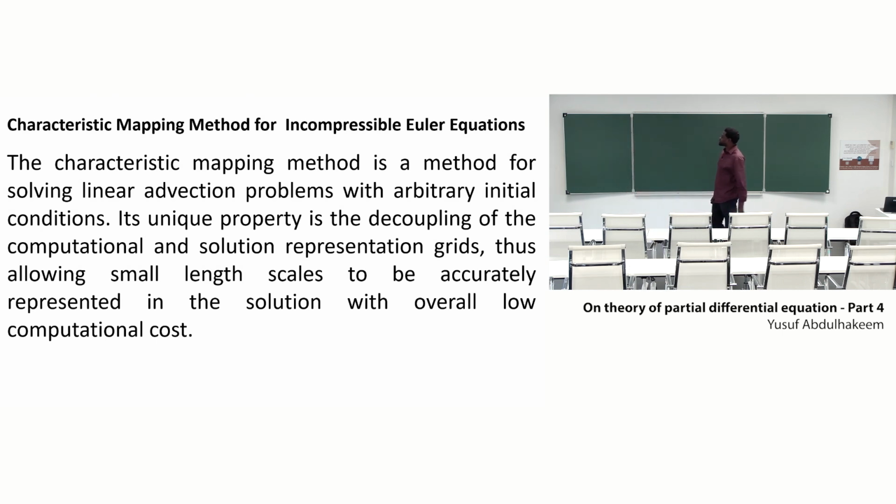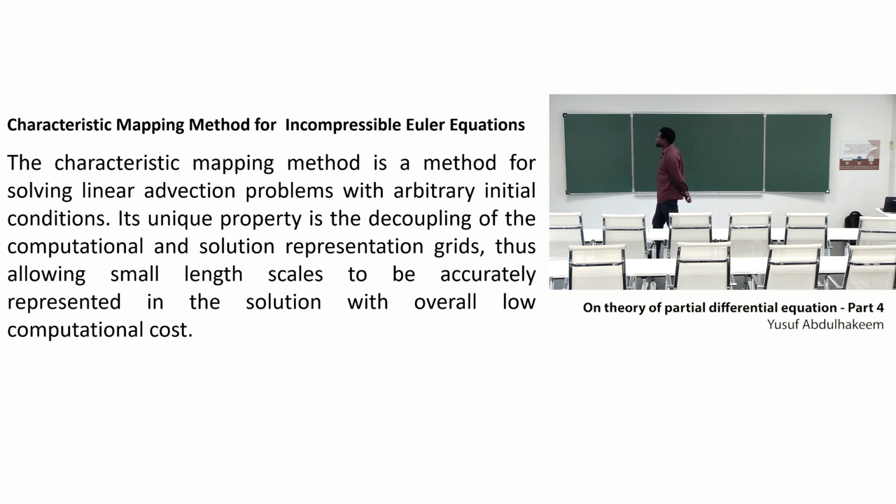As I said earlier, the characteristics mapping method is actually an advancement on the Chapter method that we have seen earlier in this course. So today we are going to see how to apply it to solve the incompressible Euler equation.